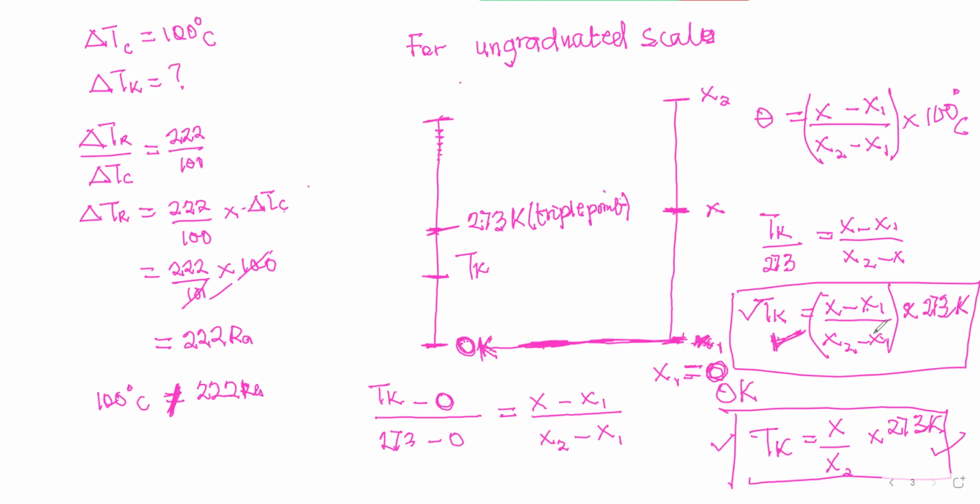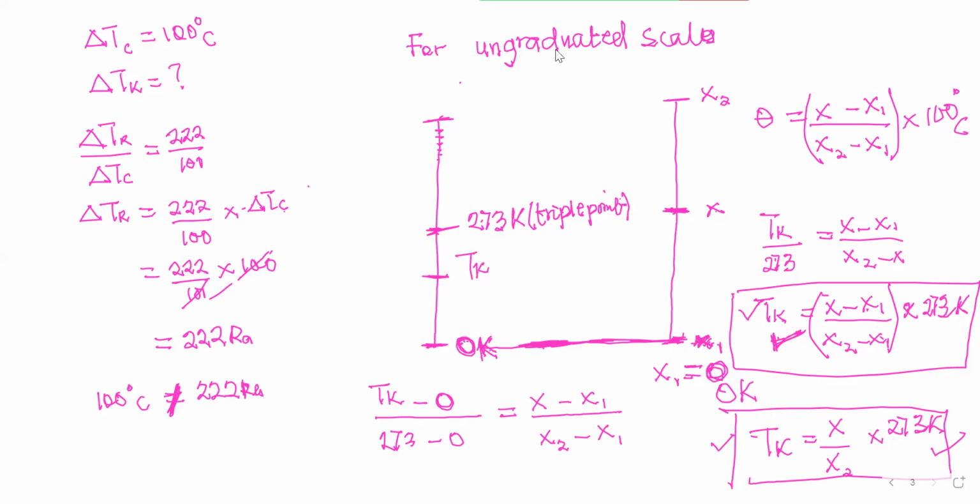Thank you. Okay, let's look at how we can apply this to a question. I'm reading: a thermometer is found to indicate 90 degrees Celsius at the upper fixed point and 5 degrees Celsius at the lower fixed point.